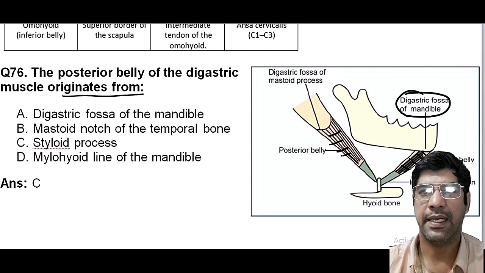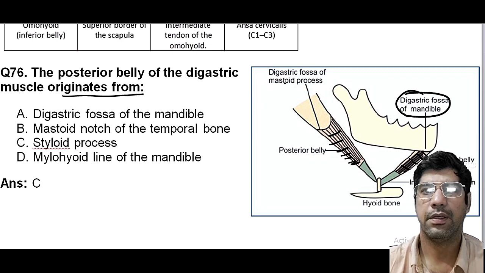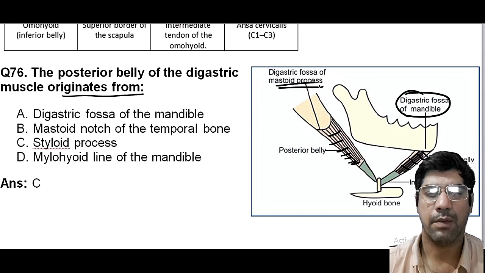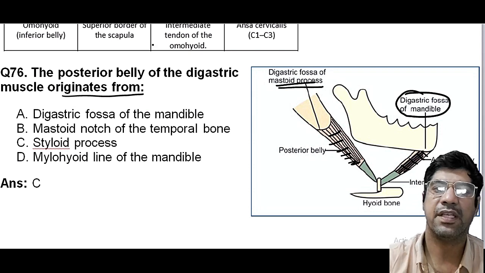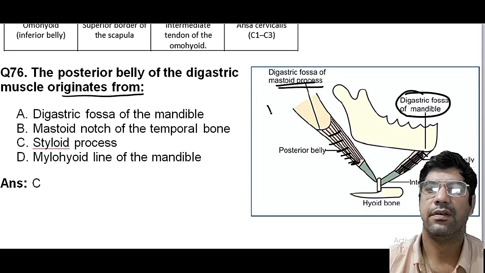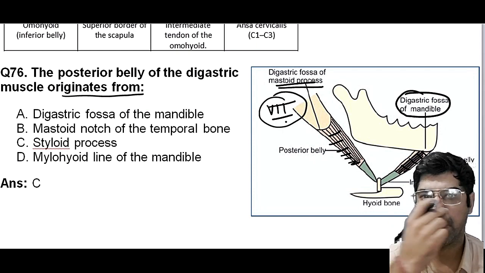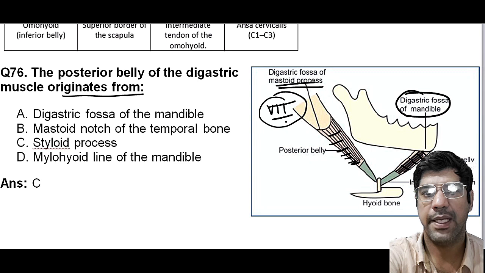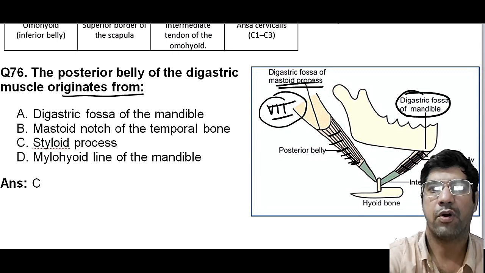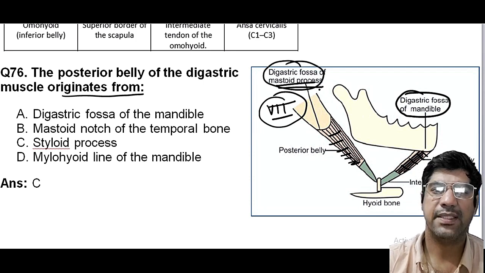Whereas the posterior belly has origin from the mastoid notch of the temporal bone. Remember, the posterior belly of digastric is innervated by a branch of which nerve? It's the facial nerve. The posterior belly has origin from the mastoid notch. Imagine this starting point on the bony ridge just behind your ear.